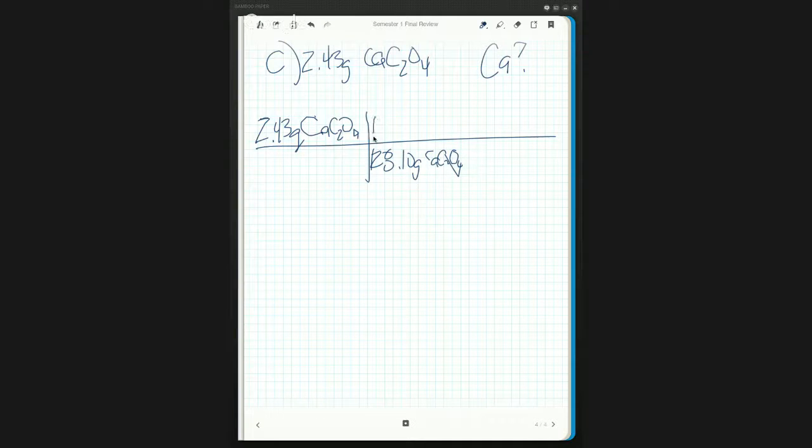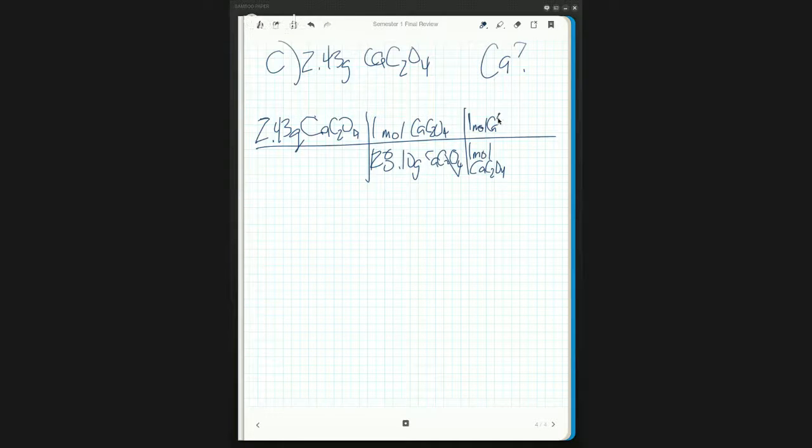Okay, and that's in 1 mole of calcium oxalate. Okay, and from our net ionic equation, for every 1 mole of calcium oxalate, I'm running out of room, we get 1 mole of calcium.